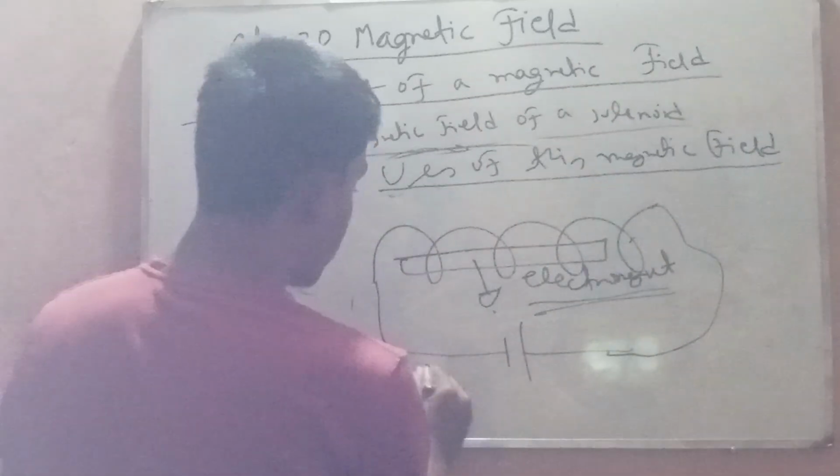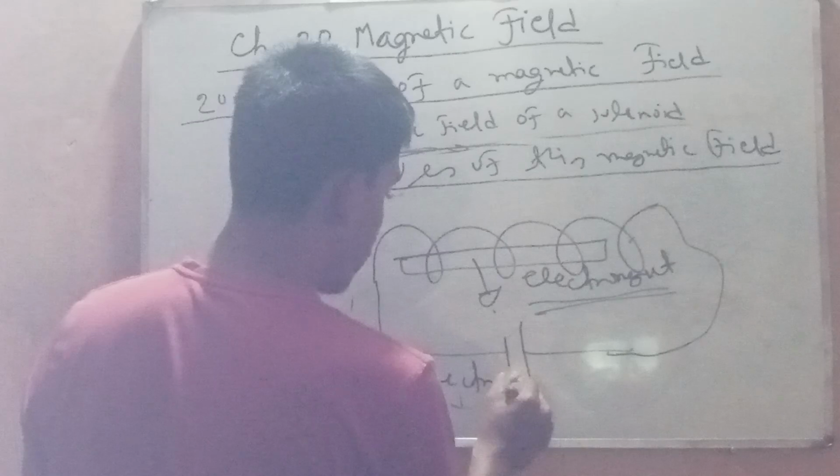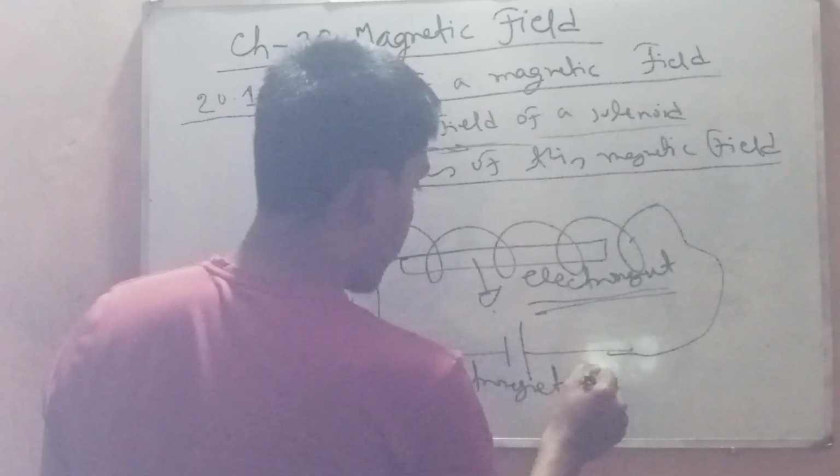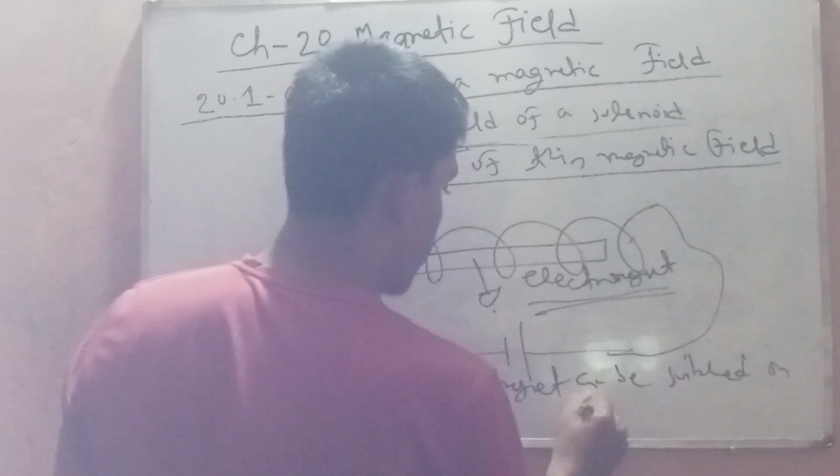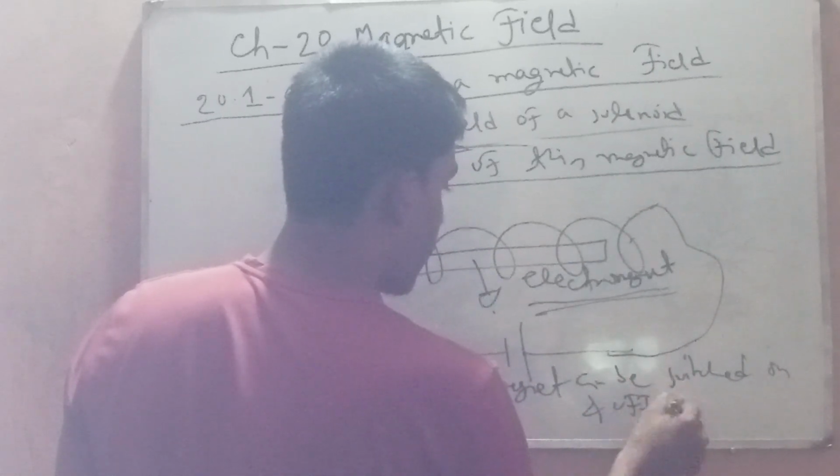So an electromagnet can be switched on and off if required.